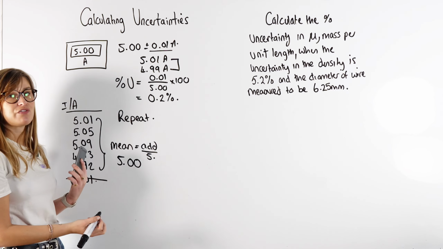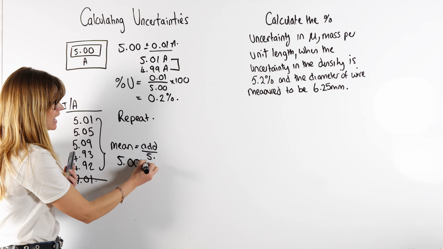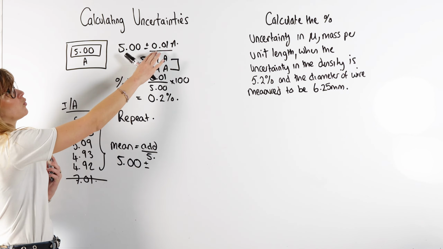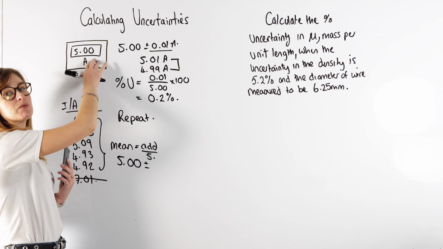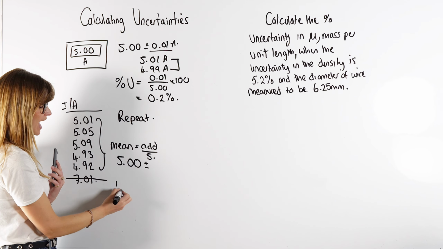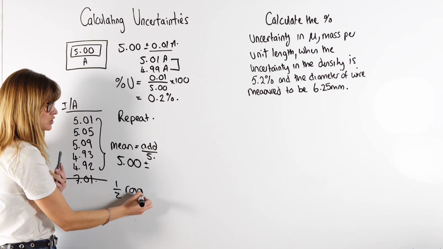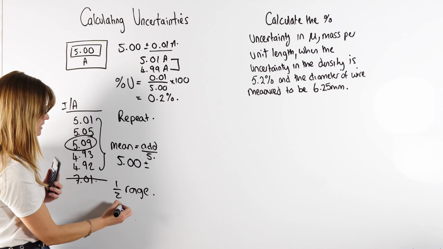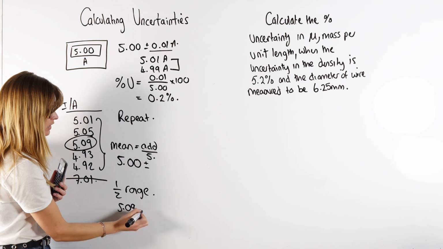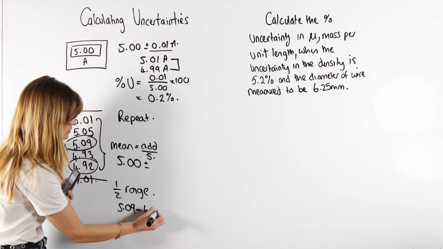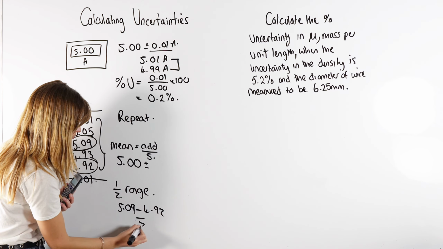Now I want to find the absolute uncertainty. When we take repeated data, the absolute uncertainty doesn't remain the resolution of the equipment. What it becomes now is half of the range. So I find the biggest number, which is 5.09, and take away the smallest number, which is 4.92, and divide by 2.